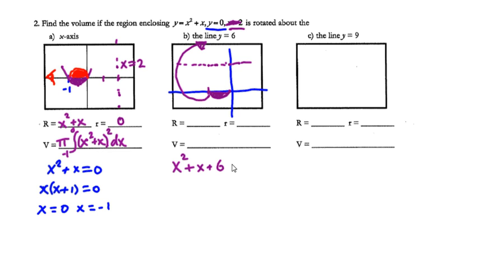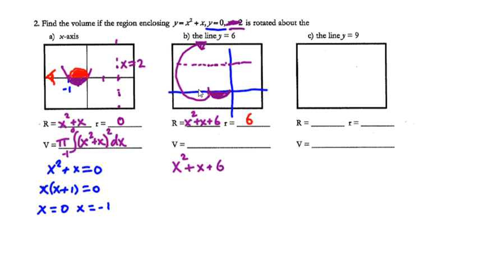That's our distance of 6, and that's going to be it. So I'm going to put x squared plus x plus 6. Now little r, which I'll write here in red, is just going to be the distance 6. Over here on the left one it was 0, so that'll be 6.